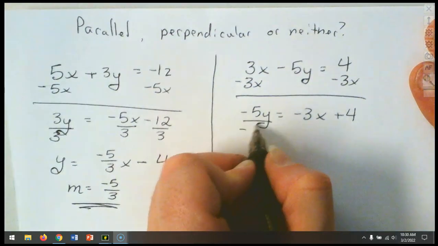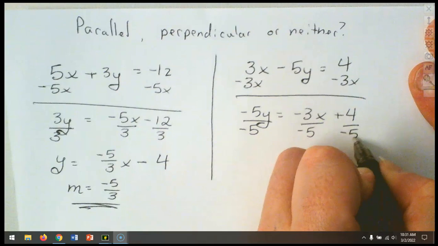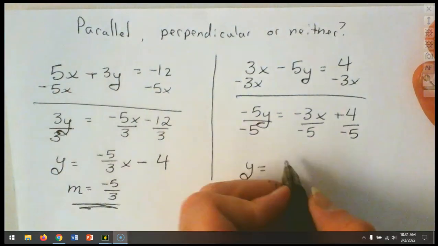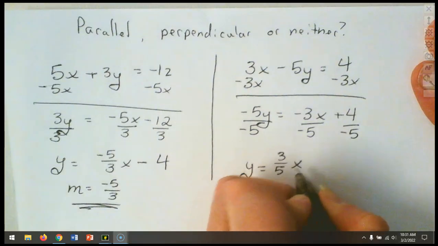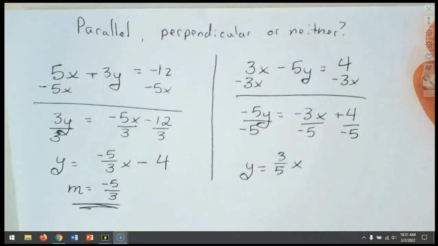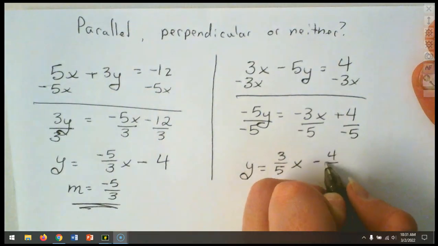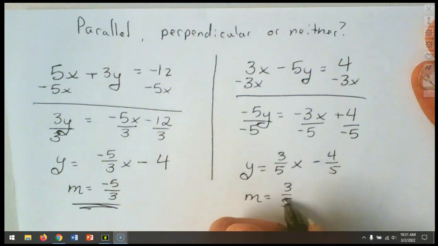We'll divide by our negative 5. Be careful with your signs. Reduce it down. So that gives you y equals, negative and negative makes it a positive 3/5 x. Positive over negative makes it a negative 4/5. And my slope is 3/5.